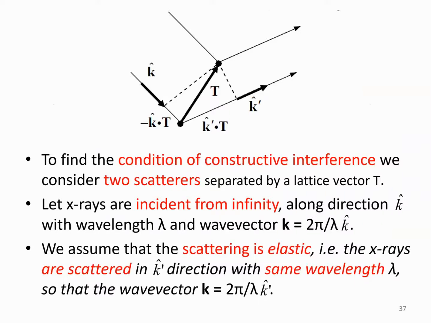So to find the condition of constructive interference, we consider two scatterers separated by a lattice vector T. This is one lattice point, and this is another lattice point. If you remember from the first chapter, I told you how to relate two lattice points through one translational vector T, where T equals n1a1 plus n2a2 plus n3a3.